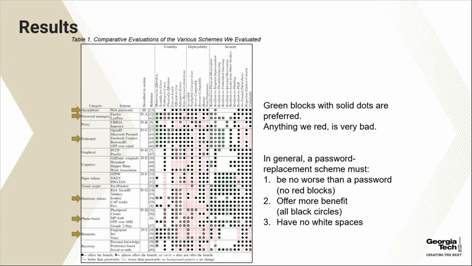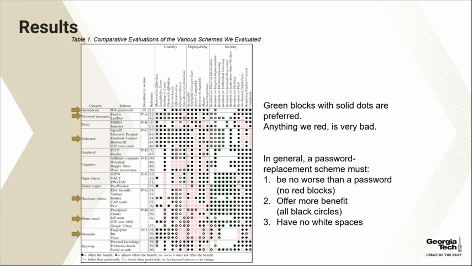This figure here is the comparative evaluation. This is the large results table, and everything on the left there with an arrow is something that we're going to look at. When you look at this, there are about 4 different types of metrics per each segment. What we want is green blocks with solid dots. Those are preferred.